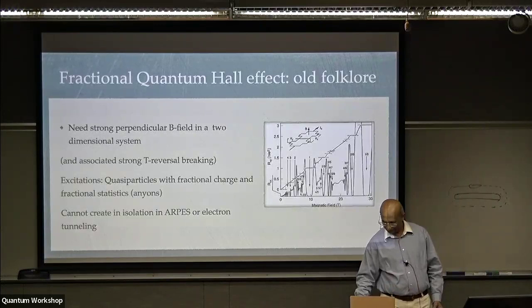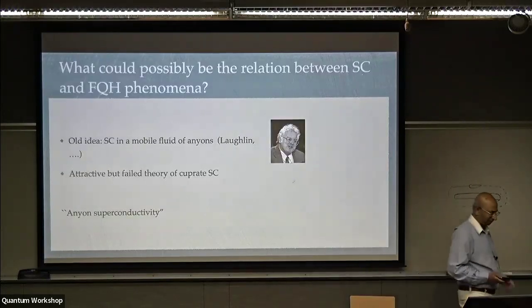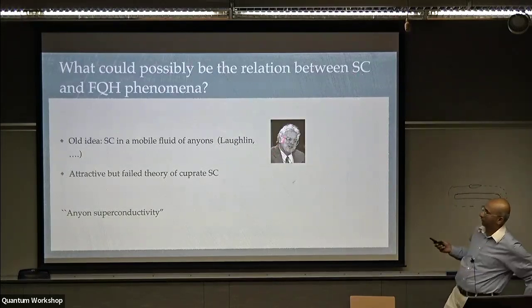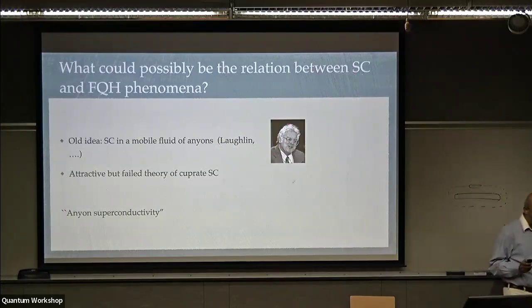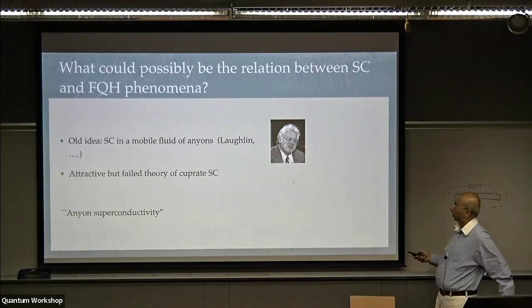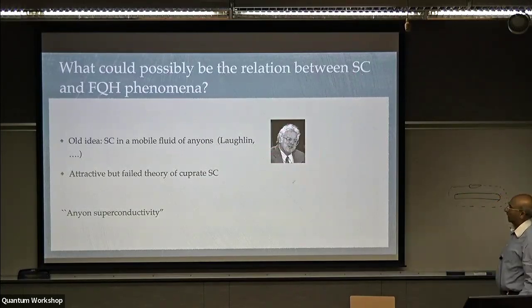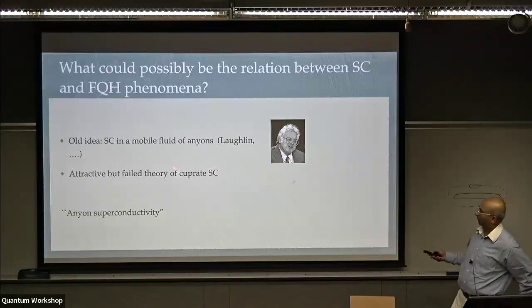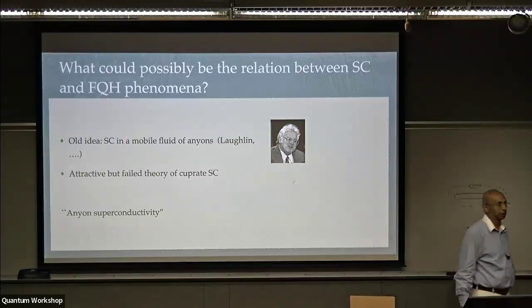Right? But of course, the question is, what could possibly be the relationship between superconductivity and fractional quantum Hall? Early on, as has been mentioned already, Bob Laughlin had an idea that a mobile fluid of charged anyons may become a superconductor.